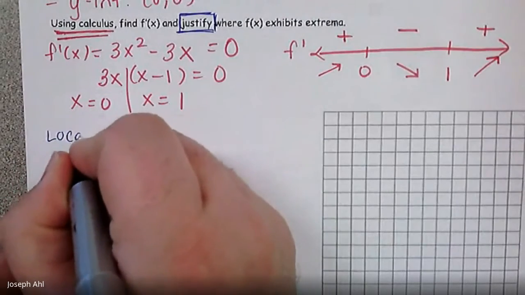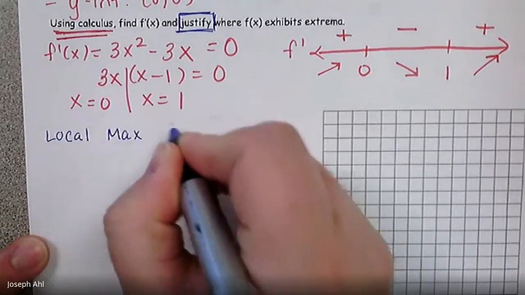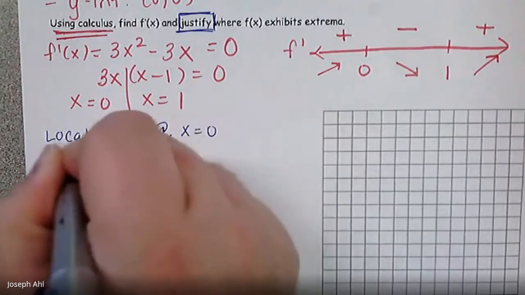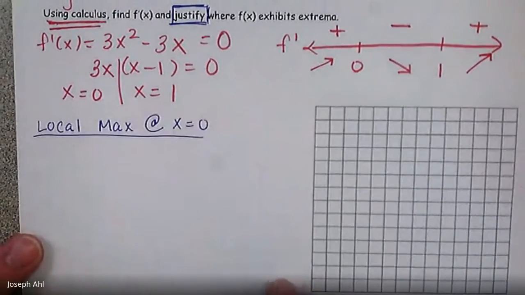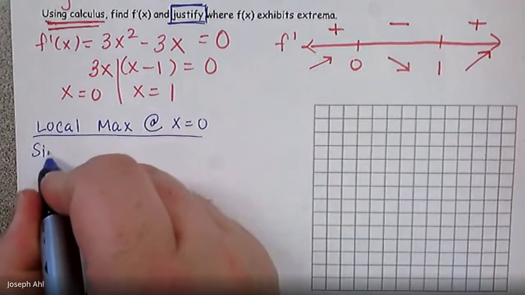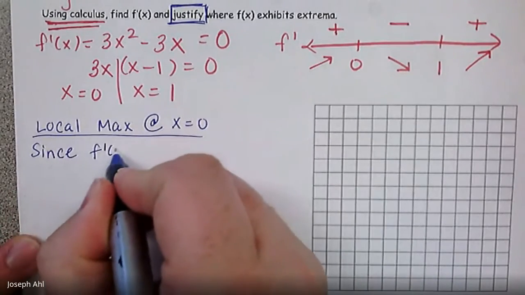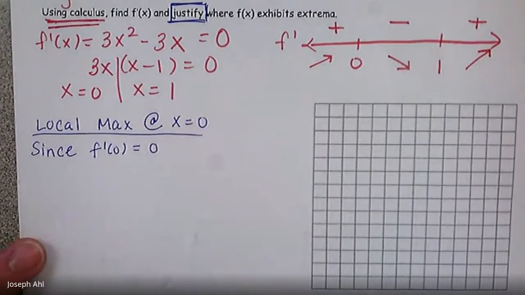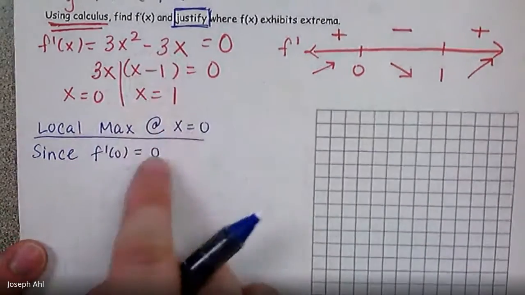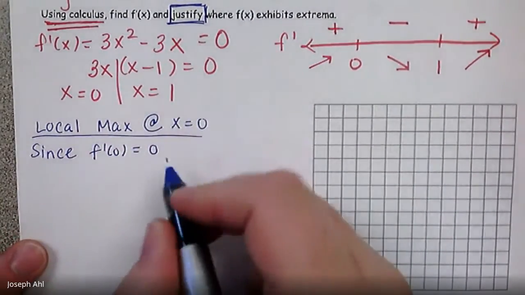We know we have a local max at x equals 0. Why do we know we have a local max at x equals 0? Well, since, first of all, f prime of 0 equals 0. Right, when I plug 0 into the derivative, we know that we get 0.